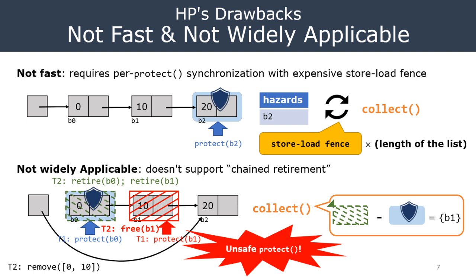It fixes all the problems of hazard pointers, but by sacrificing some of the most important criteria for SMR. So in the next video, we are going to study EBR, discuss the pros and cons of hazard pointers and epoch-based reclamation, and compare those two in a qualitative way.